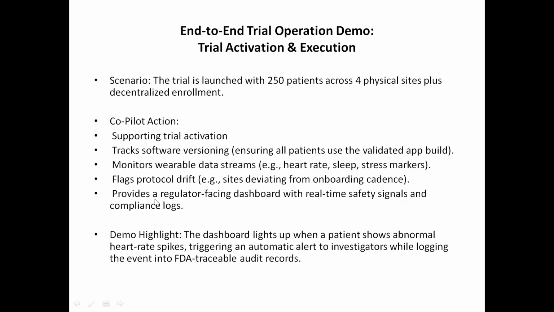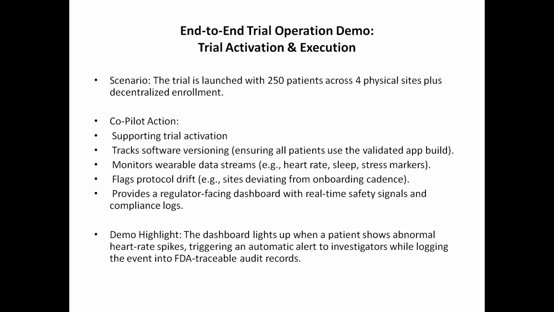And then how about trial activation and execution? Here we are going to show a live demo of our agentic AI copilot with Stephen about how they automate this trial activation process.